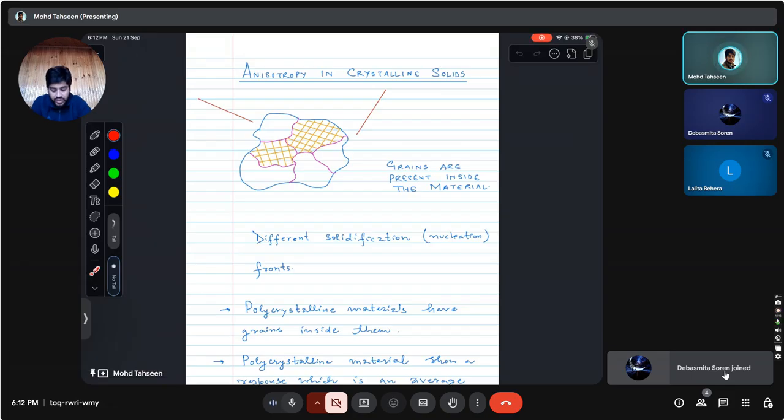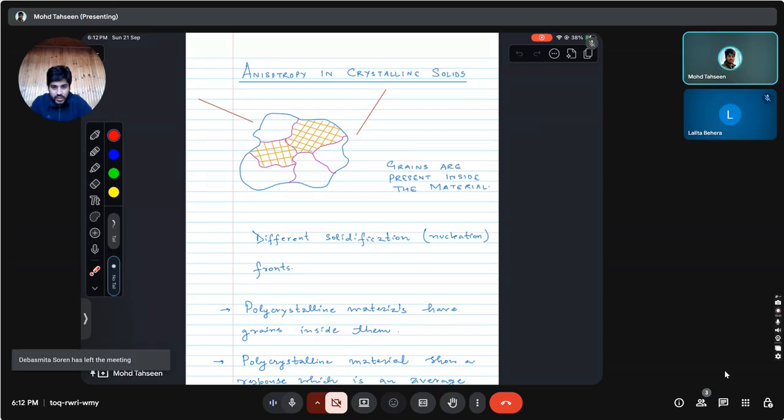Then there would be some grain somewhere in the sample which would exactly nullify, or in a way the properties there would be exactly the inverse of the properties here, right? The orientations will be fully opposite to each other and the effects will balance out. So that happens in a polycrystalline sample with a large number of grains.